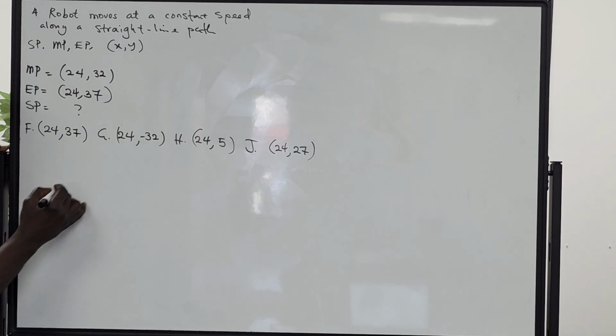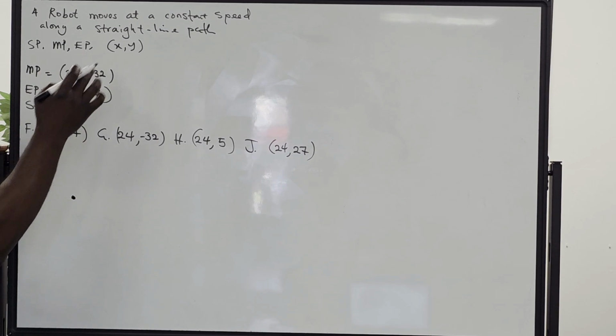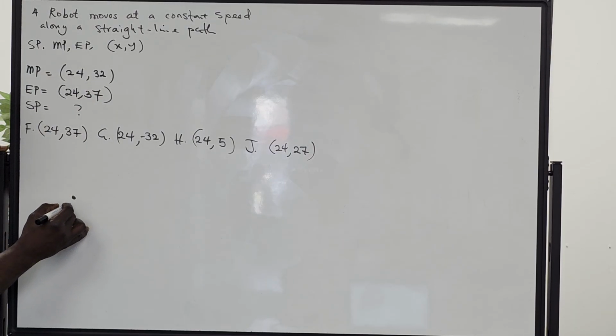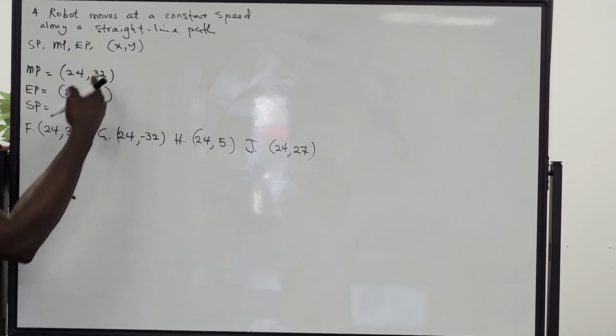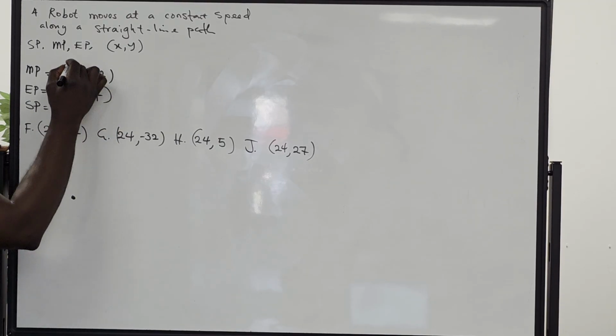Let's say the robot is right here. We know there's a beginning point, a starting point. If you look at 24, 32 and 24, 37, this is X, right?